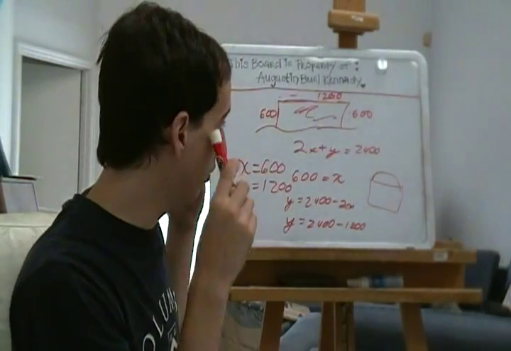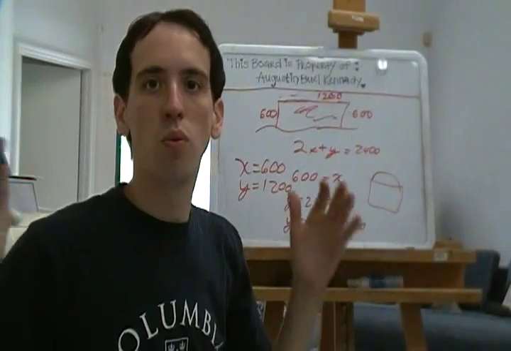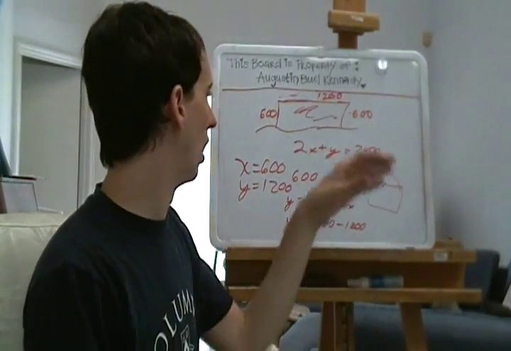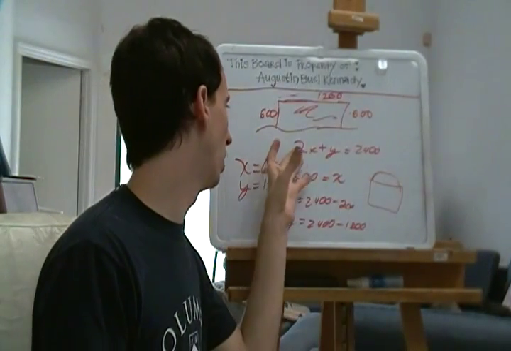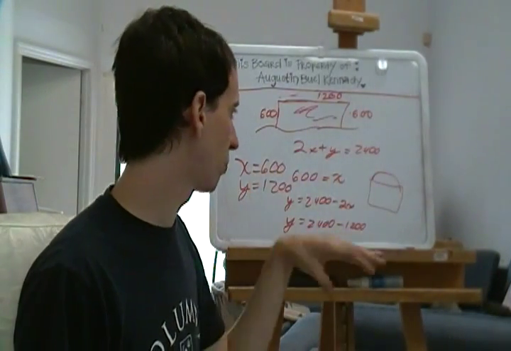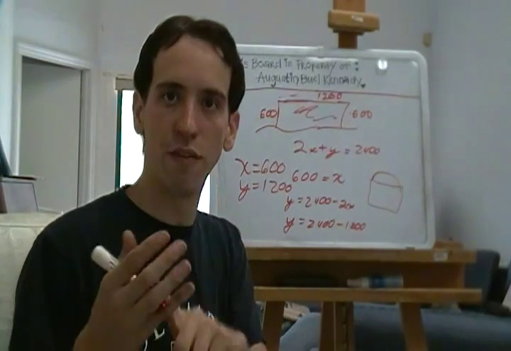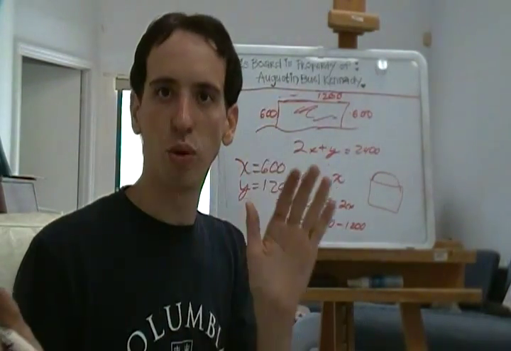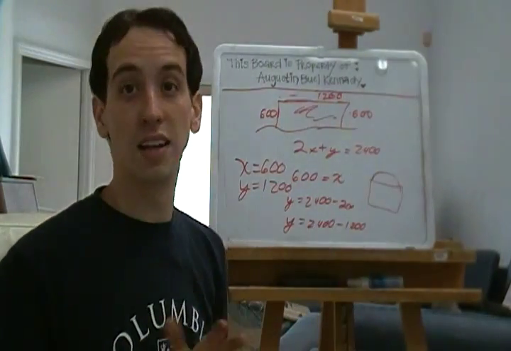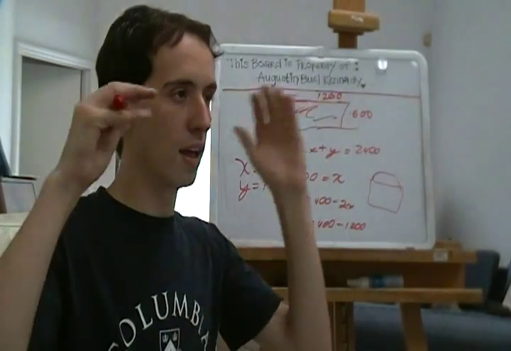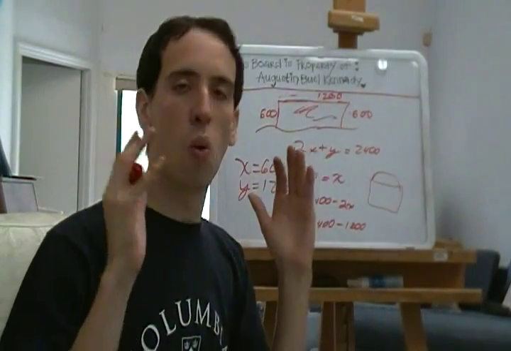Like here, the key observation was, okay, we're given a perimeter, we want to find area. Let's relate area to perimeter, kind of like a related rates problem. Relate area to perimeter, get down to one variable, take the derivative, set it equal to 0, and then plug everything back in and see what you get. So, once again, know the problem, find out what you're being asked, know what you have.